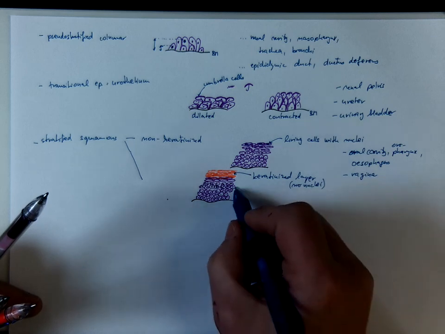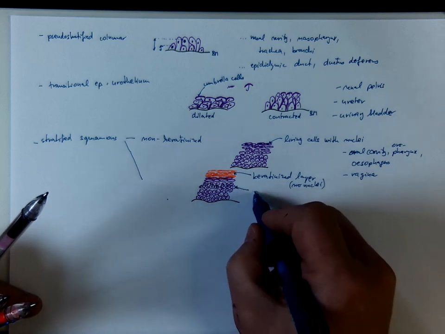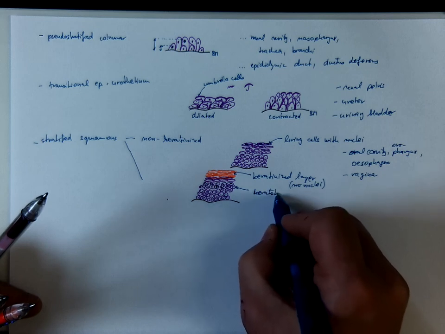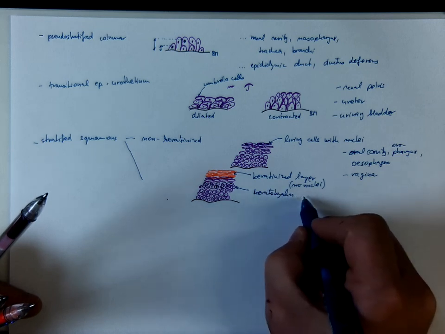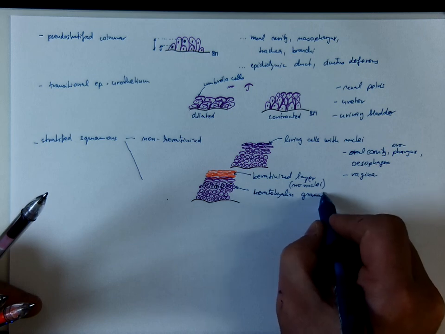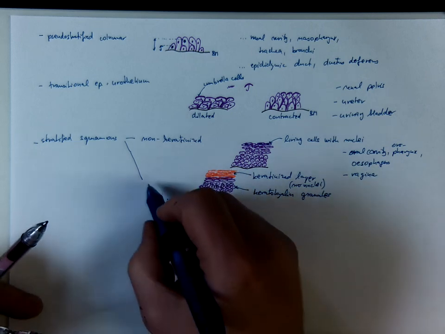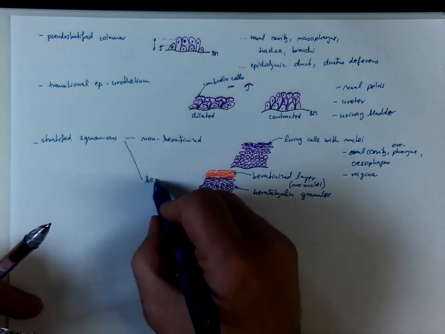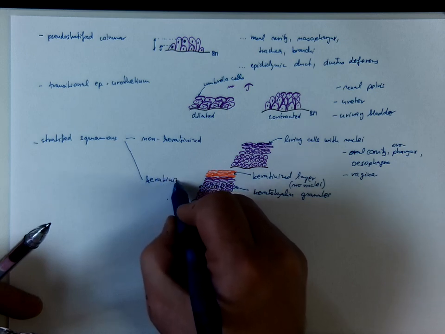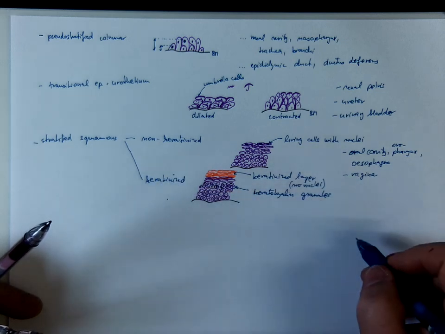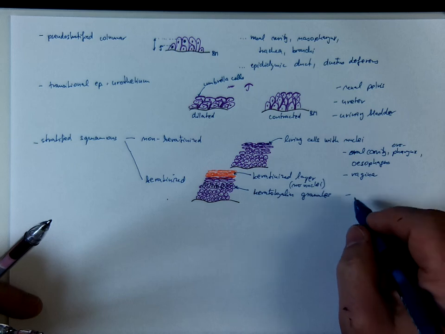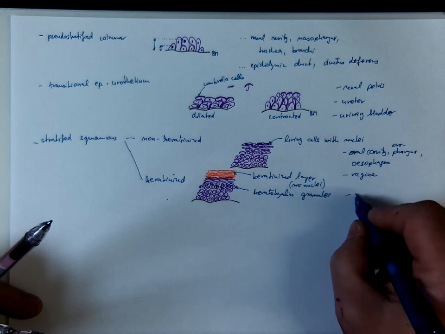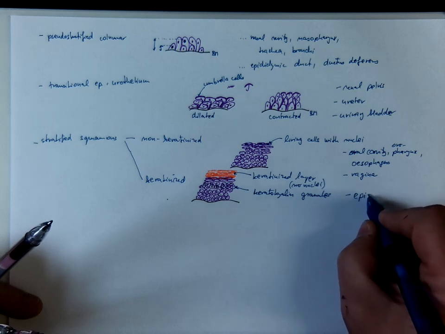Here are the cells with keratohyalin granules. So if you see something like that, it's stratified squamous keratinized. And this epithelium covers the surface of our skin in the layer called epidermis.